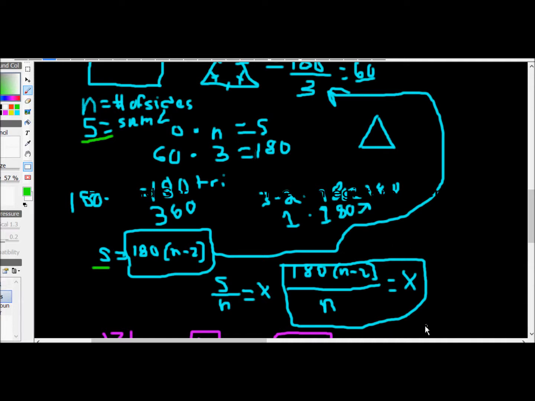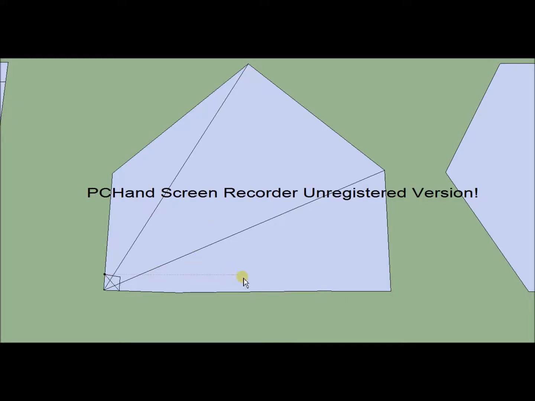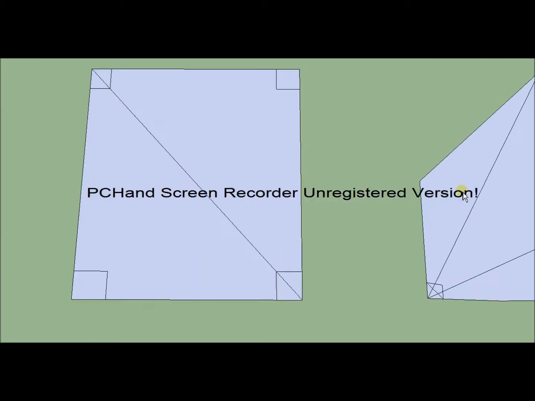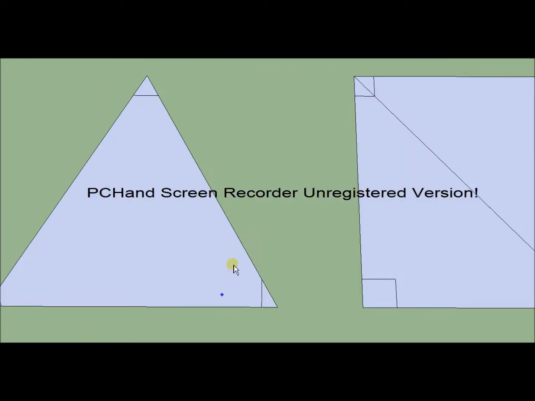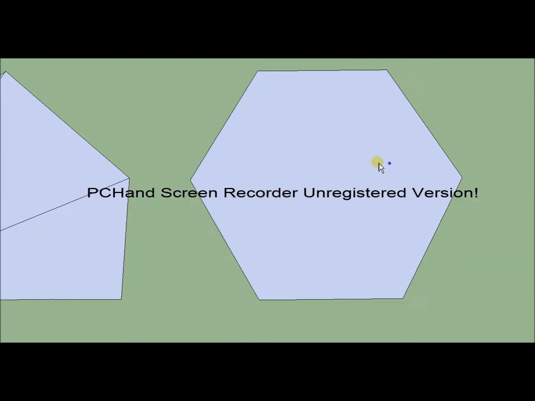And then we think, how many sections? We have 3 triangle sections, and we normally have 5 sides. We have the same issue here: 4 sides and 2 triangle sections, 3 sides and 1, and so on.